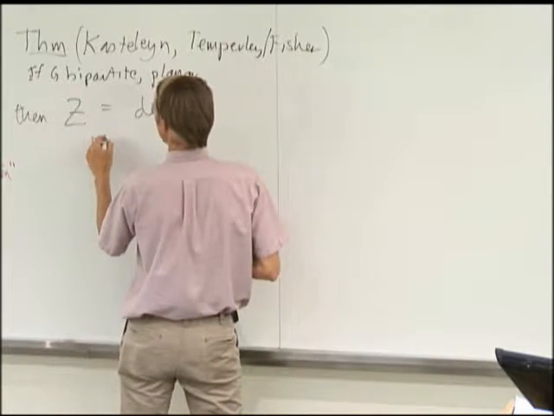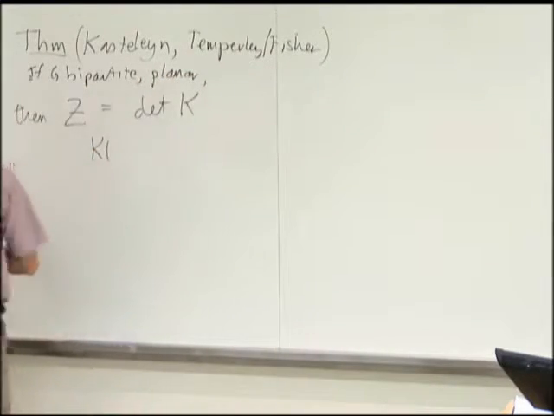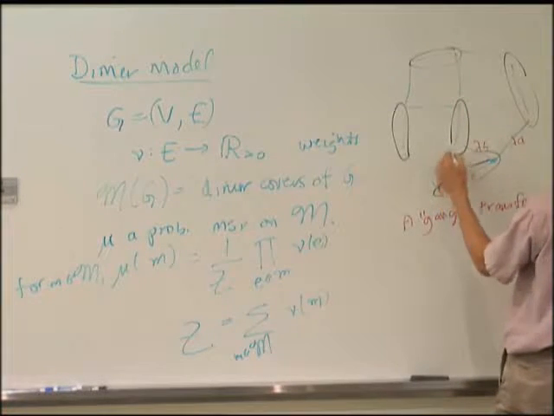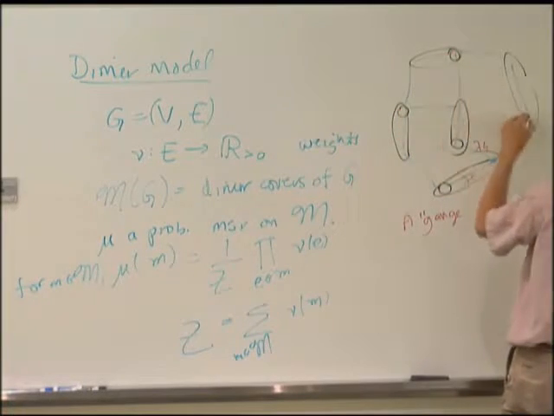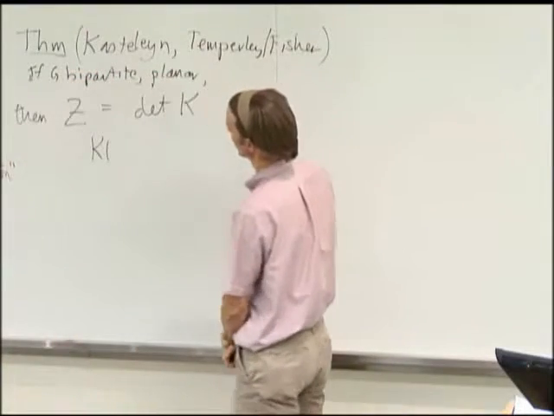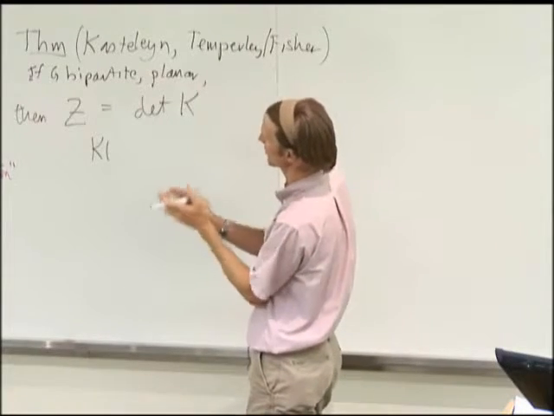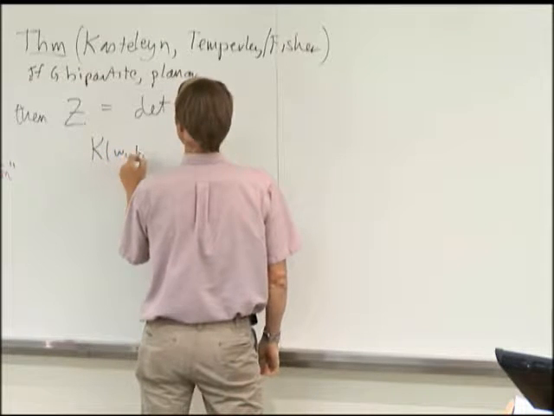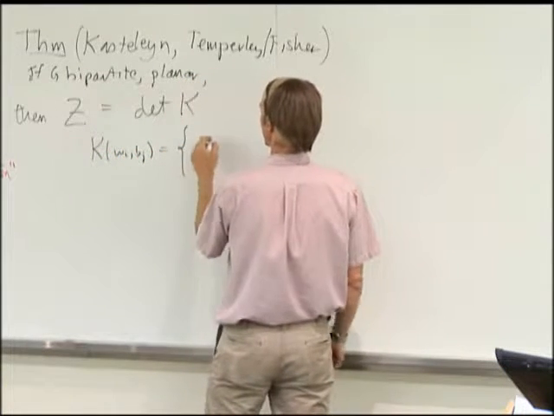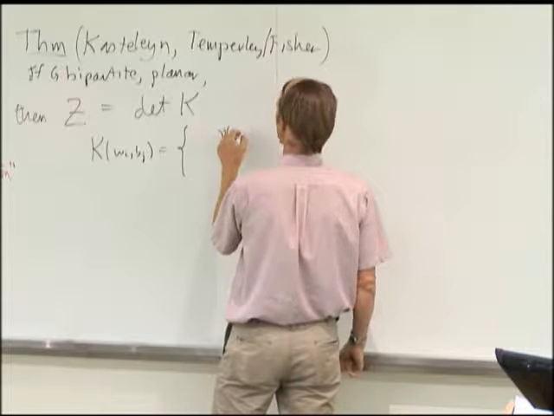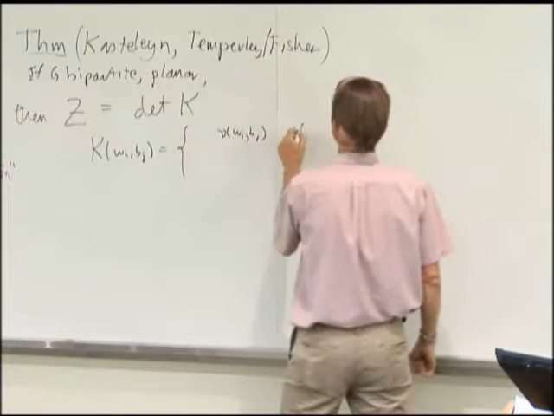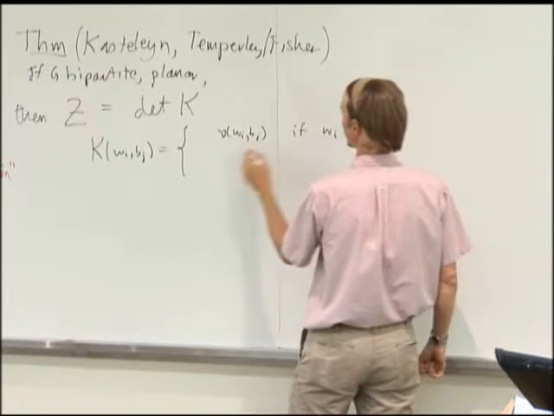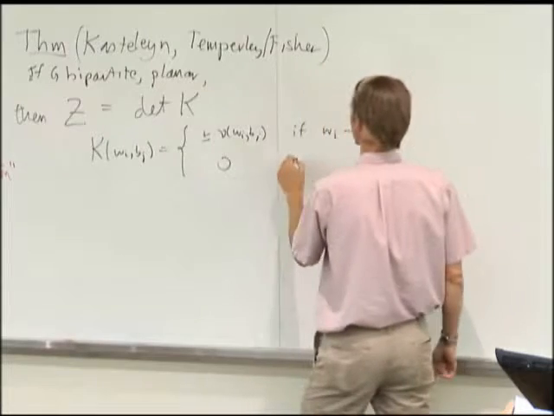Here the graph is bipartite, so there are two types of vertices, blacks and whites. K is the adjacency between the white vertices and the black vertices. So K of W_i, B_j is going to be the weight on the edge from W_i to B_j if there is an edge, with a sign, and otherwise it's going to be 0.